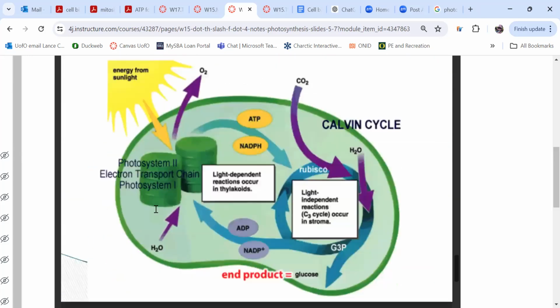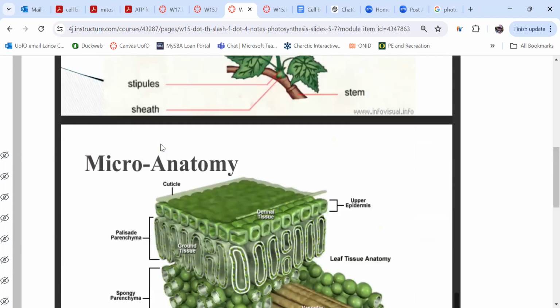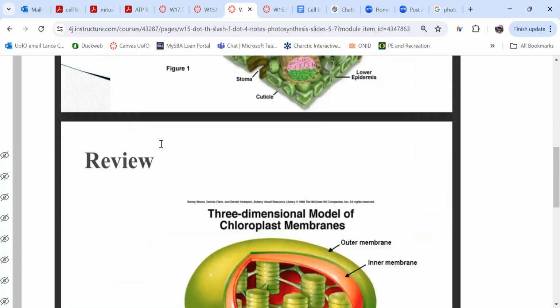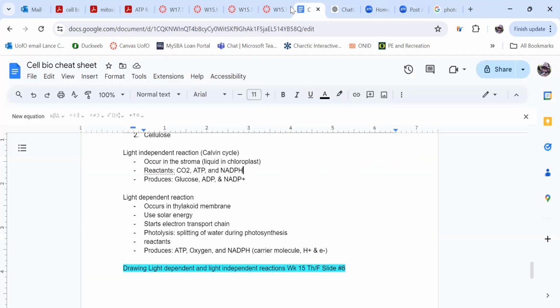I think for this to happen, it would need water and it would need light. Let's put that down.